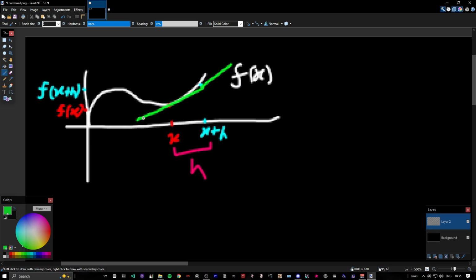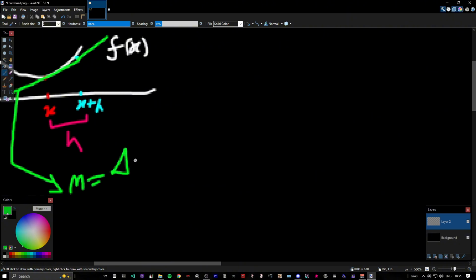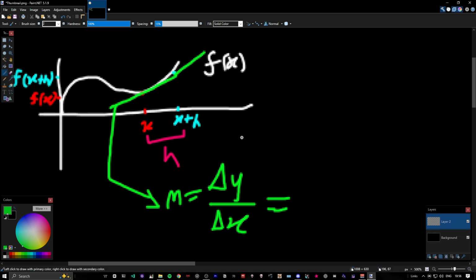If you were to draw this tangent, you would find that the gradient, which is delta y over delta x, this gradient is an approximation of the gradient of this function at this point x, f of x, this red point.